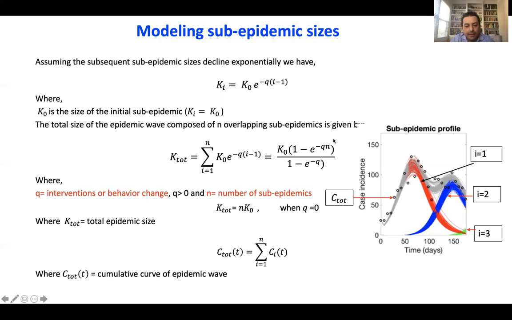And it is nice that we are able to write a closed form equation for the final size of the overall wave of the epidemic or pandemic. So regardless of whether we have 2 or 3 or 100 subepidemics, we can readily compute the size of these subepidemics.